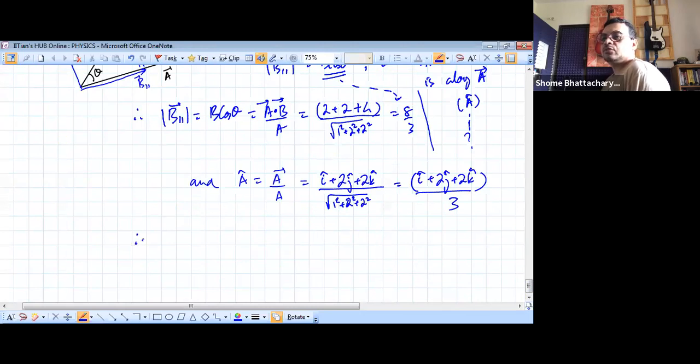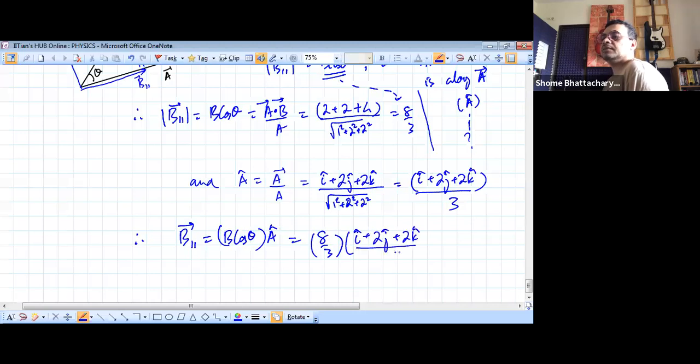Okay. So therefore, what will be B parallel expressed in component form? It is B cos theta, which is its magnitude, into A cap, which is its unit vector, because its direction is along A. So B parallel's magnitude we just saw was 8 by 3, and the unit vector was i cap plus 2j cap plus 2k cap divided by 3.